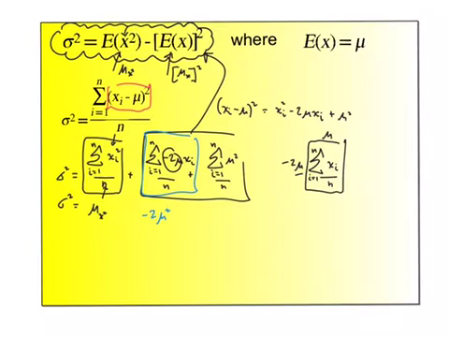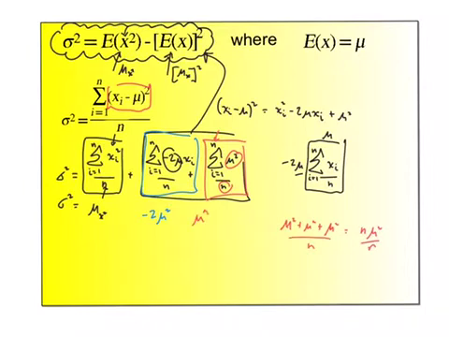All right, so now let's dissect this last piece a little bit. This is mu squared times n divided by n. So it's mu squared plus mu squared plus mu squared. How many times? Well, n times. And then I'm going to divide that by n. So what do I get?